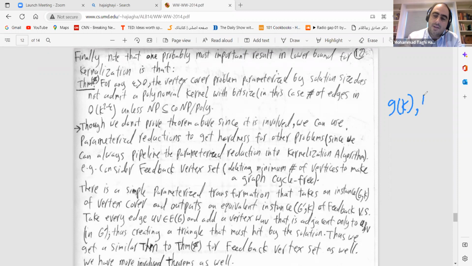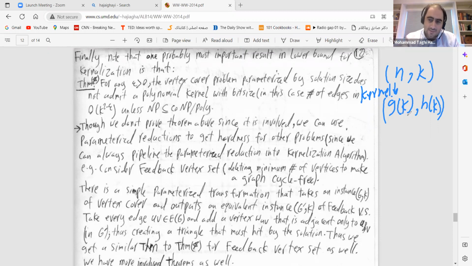If the original instance is (n, k), you can turn it into (g(k), h(k)). The important thing is that n becomes g of k, so you don't have n anymore. This is kernelization, and it is equivalent to a fixed parameter algorithm.